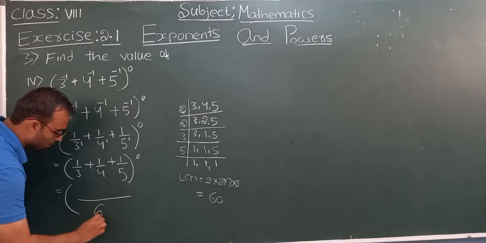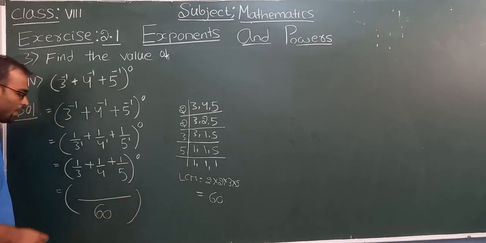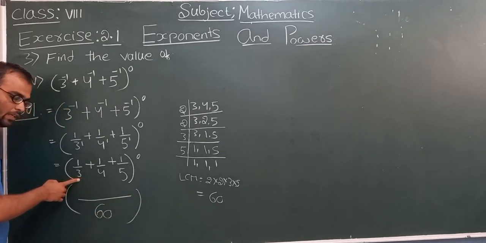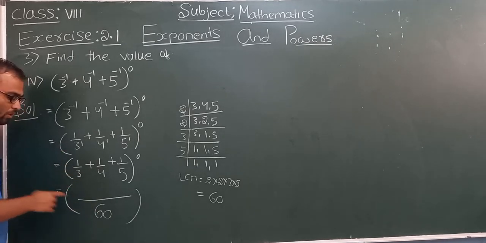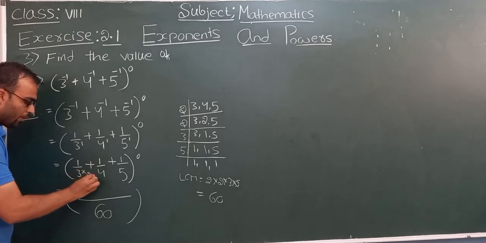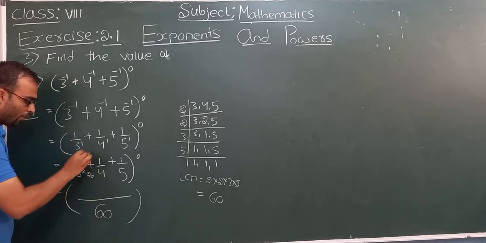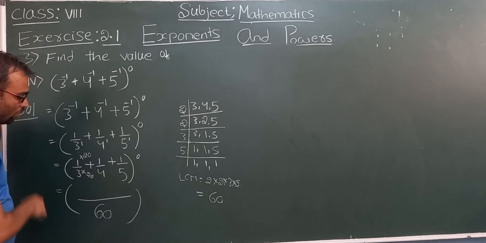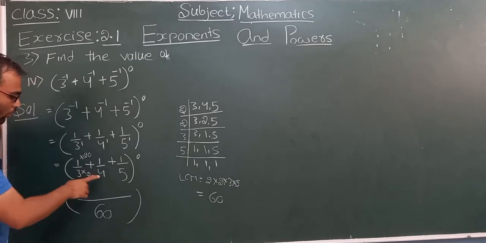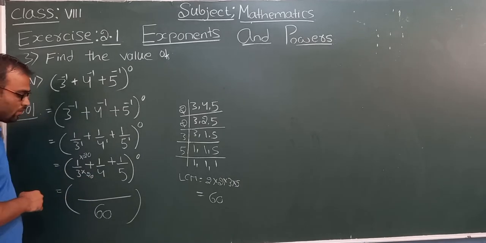As LCM is 60 here, and the denominator is 3, what do you have to multiply to this number to make 60? 20, no? So you have to multiply 20 here also. Now, as LCM is 60, the denominator is 4. What do you need to multiply to 4 to make 60? 15, no?